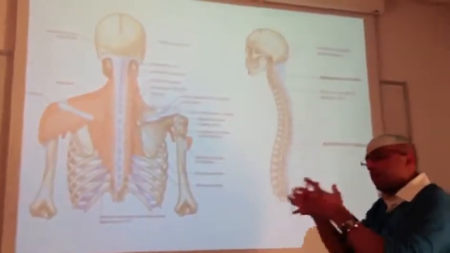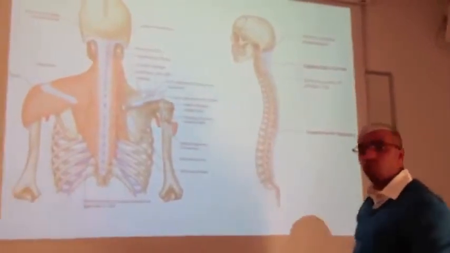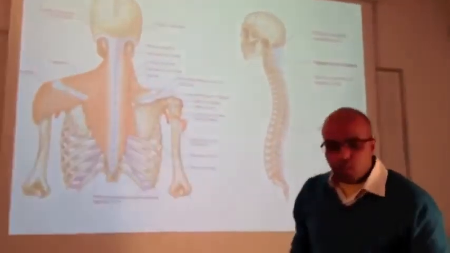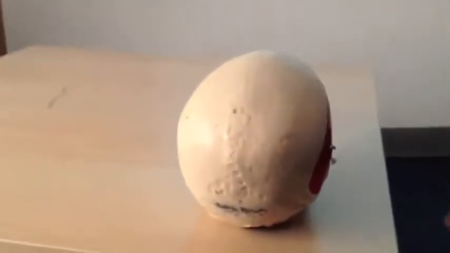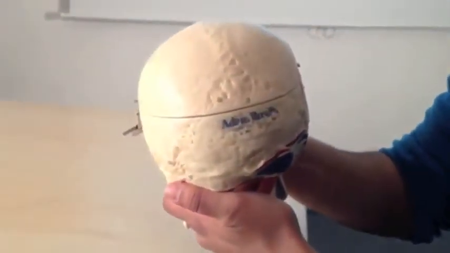So that's why you get this protuberance forming, because it pulls on the bone over the course of your lifetime. So we'll go back to the skull here, and that takes us nicely through the major features of the superior surface and the posterior surface of the skull.